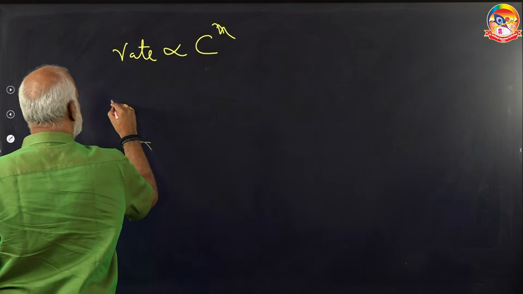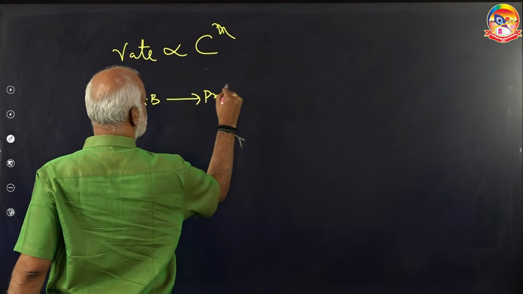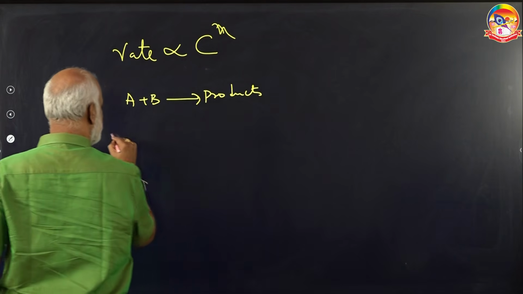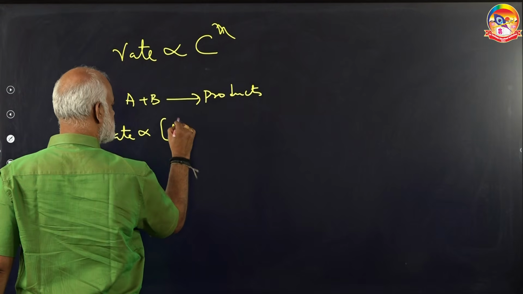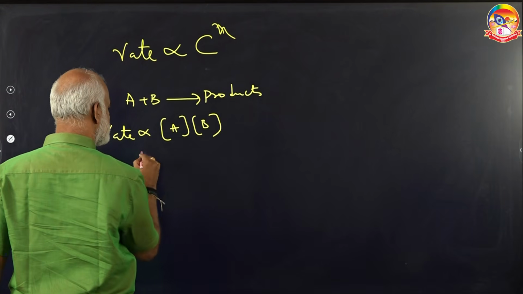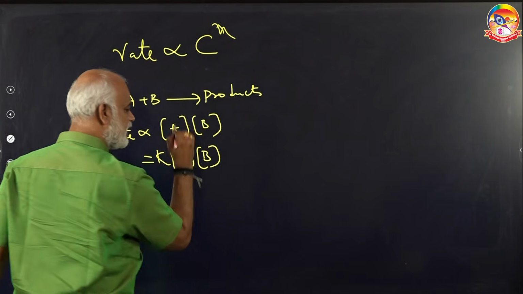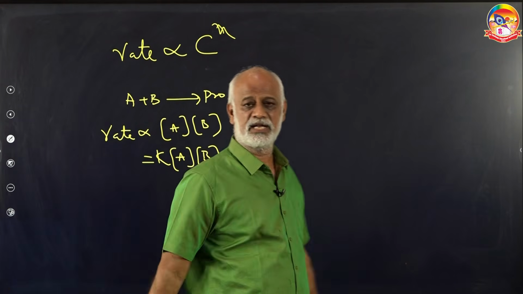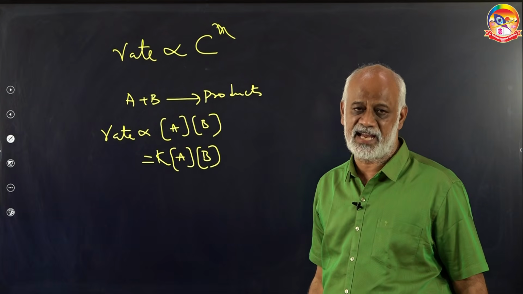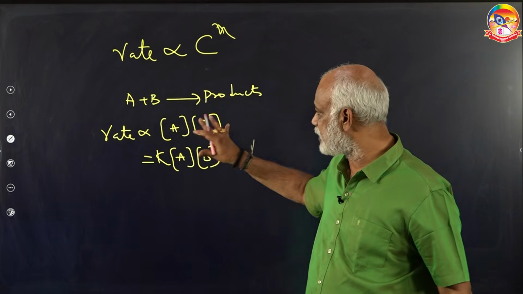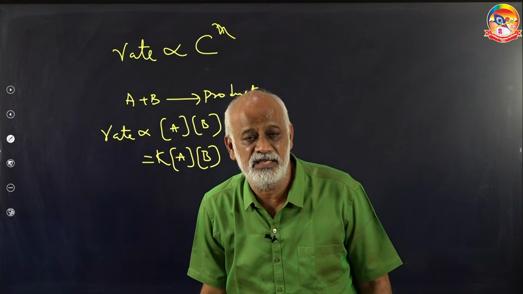If you see A plus B gives products, then we studied rate is proportional to A concentration into B concentration, equal to K into A into B. This was studied by us in the chemical equilibrium chapter under the name law of mass action. Now we are actually applying this law of mass action for certain experimental data.